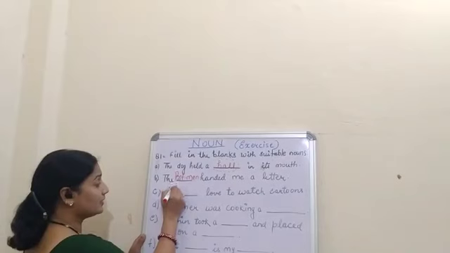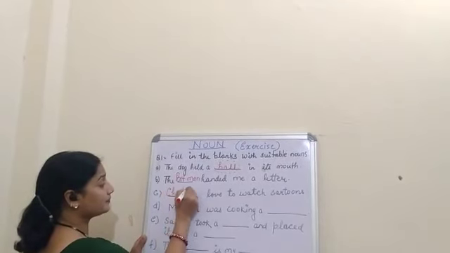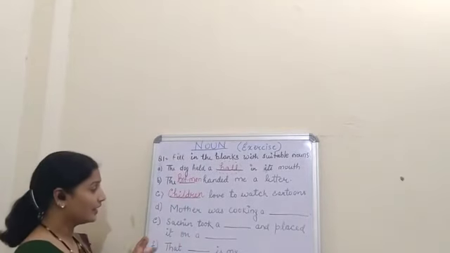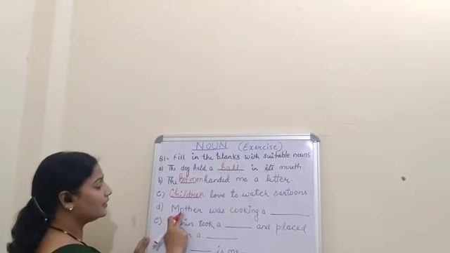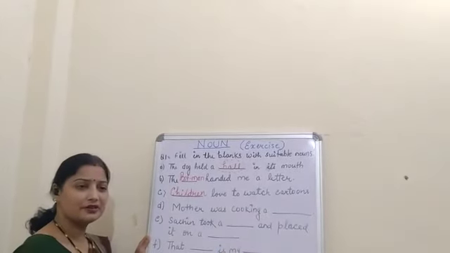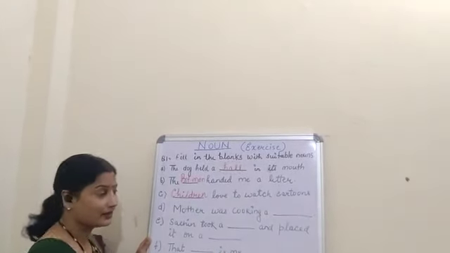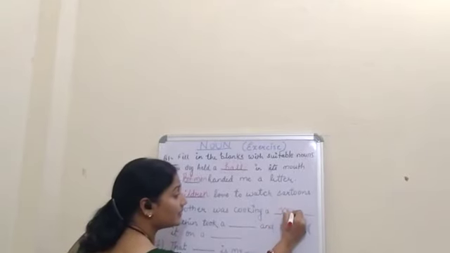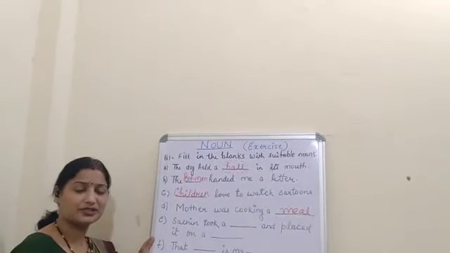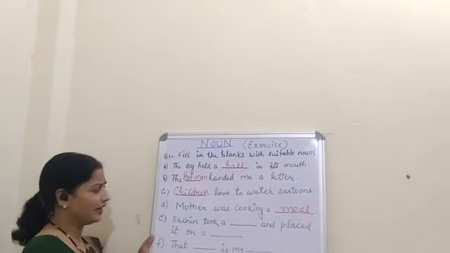The answer will be children. Now, it is a common noun. Next, mother was cooking dash. Mother is cooking something, a meal. You can even write anything, cake, pastry, anything that you like.